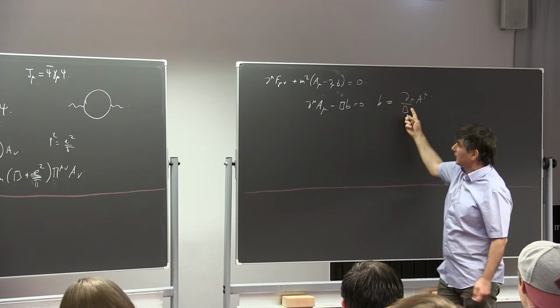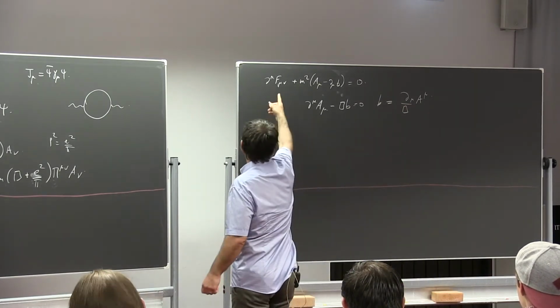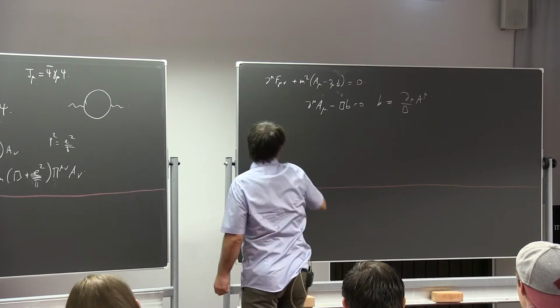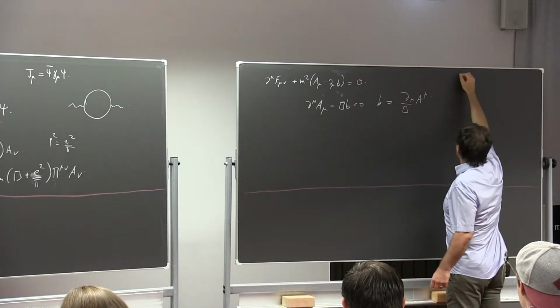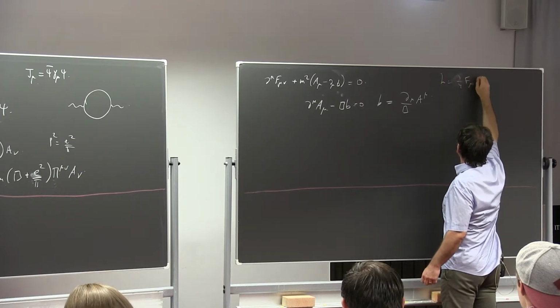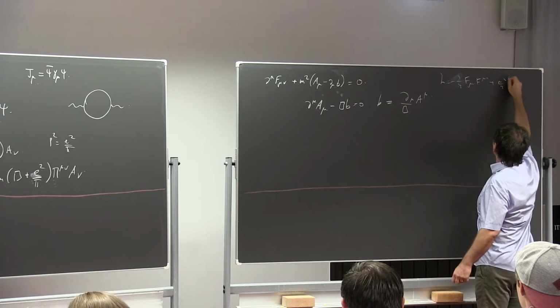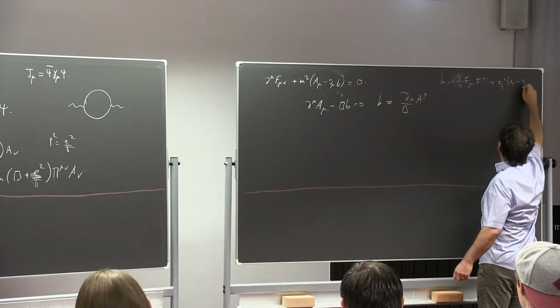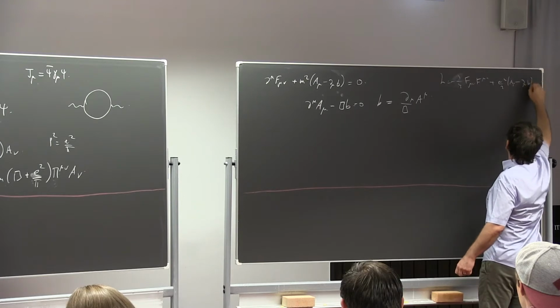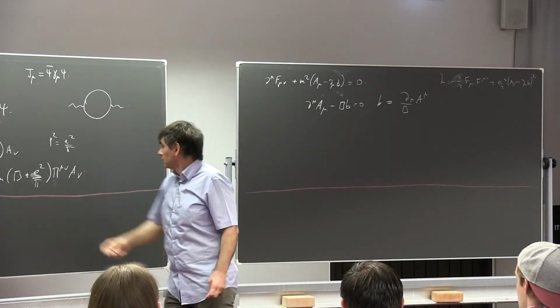Now, if I integrate out B and plug it back in the bilinear in the action, what I will get is exactly this action.